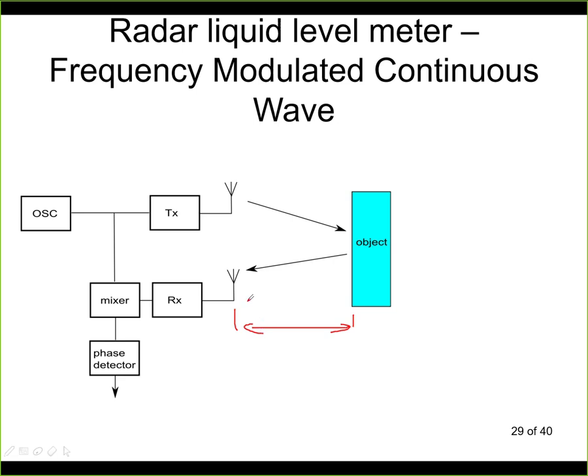The advantage of this is that we are not looking for a very short time difference, but we are looking for a frequency difference, which is relatively easy to get. Then this circuit, called a phase detector, compares the frequencies here and here, and the output signal is proportional to the distance.